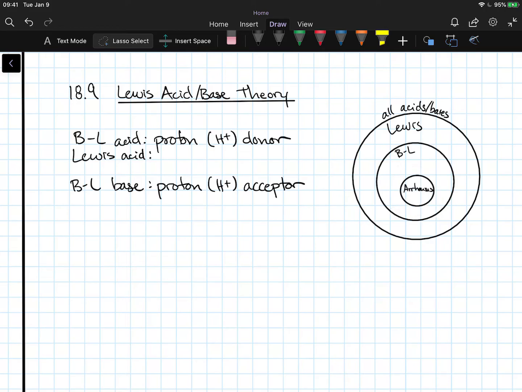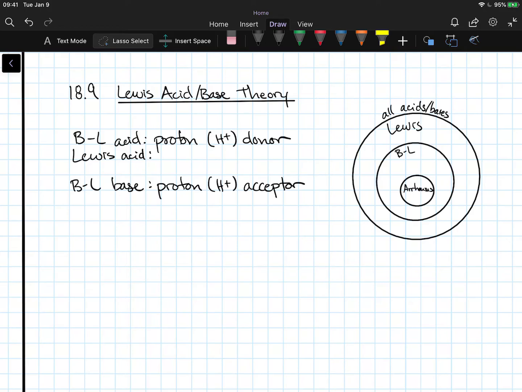The Bronsted-Lowry theory was actually created to better describe some of the things that we were seeing in water, where a solution of ammonia was actually basic because ammonia can accept a proton and make hydroxide in the solution. So it wouldn't be an Arrhenius base because it's not giving up hydroxide, but it can still make hydroxide in solution. So Bronsted-Lowry covers a wider range of bases that we would want to talk about in water.